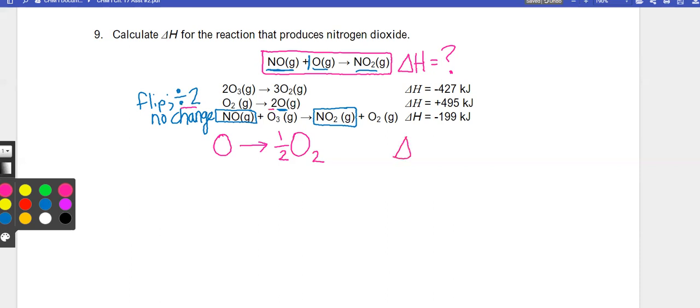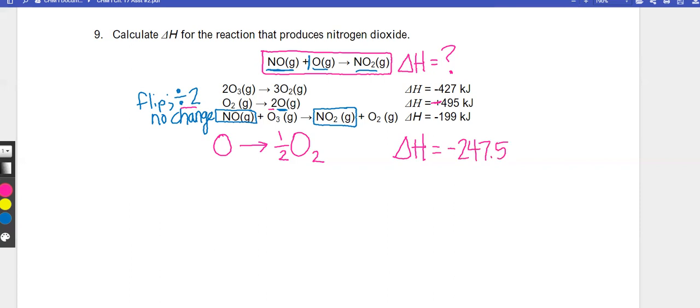And then to change the number, like we change the equation, when we flip, we change the sign, so it becomes a negative 495. And then we have to divide that by 2. So when you divide by 2 with a negative 495, you get negative 247.5.